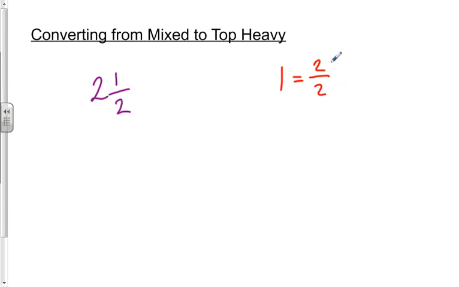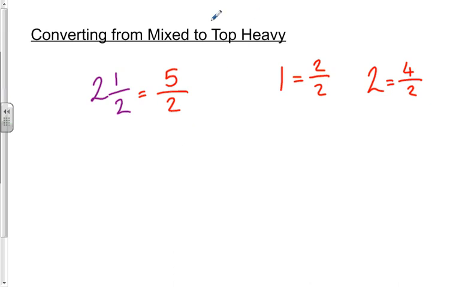If you have the same numerator as your denominator, that's equal to 1. So if 1 is 2 halves, then 2 must be 4 halves. We can use this information to turn this into a top-heavy fraction. So our 2 now is 4 halves, and we had 1 half already, so that's 5 halves.